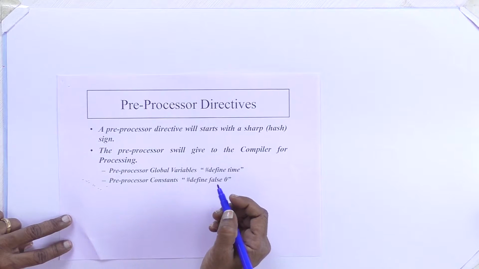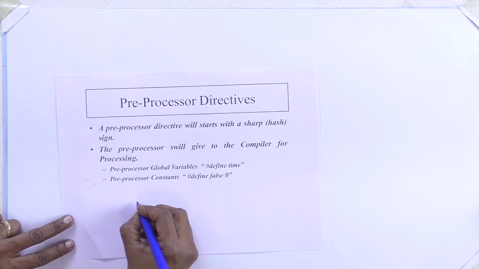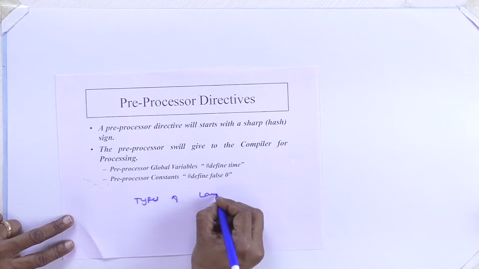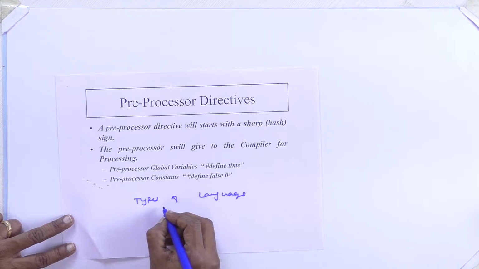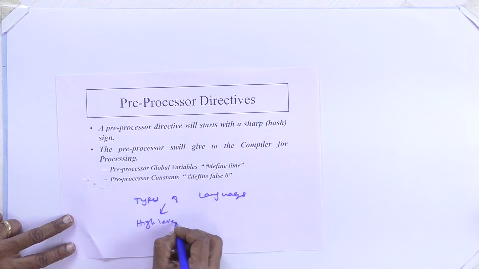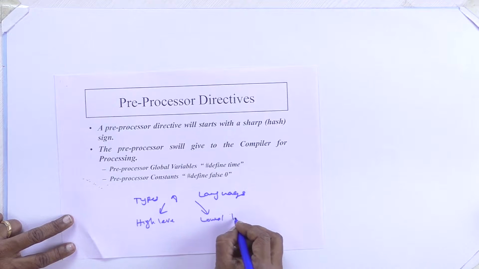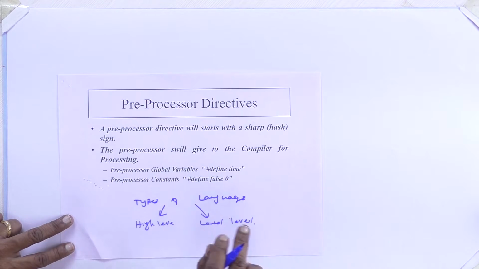So in this segment we discussed what the types of languages are. We went through high level and low level languages. Then we discussed the preprocessor directives.